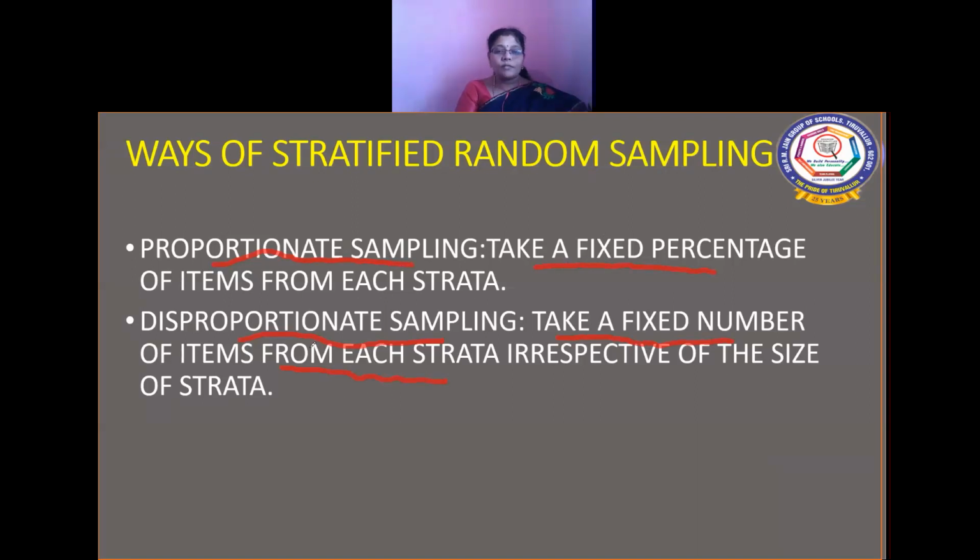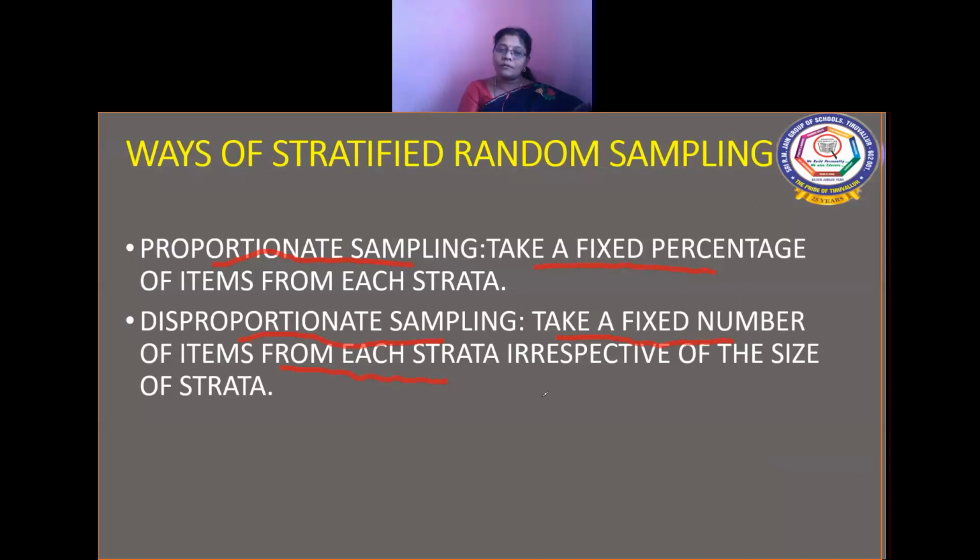Next is disproportionate sampling. Here we fix a number. For example, if we decide to select 10 students from each group, then we do not bother about the strength of the class, whether that section has 40 students or 50 students. We select a fixed number of 10 students from each group.